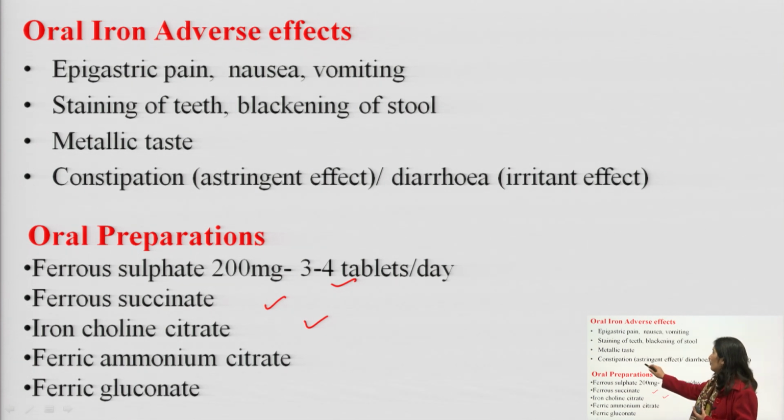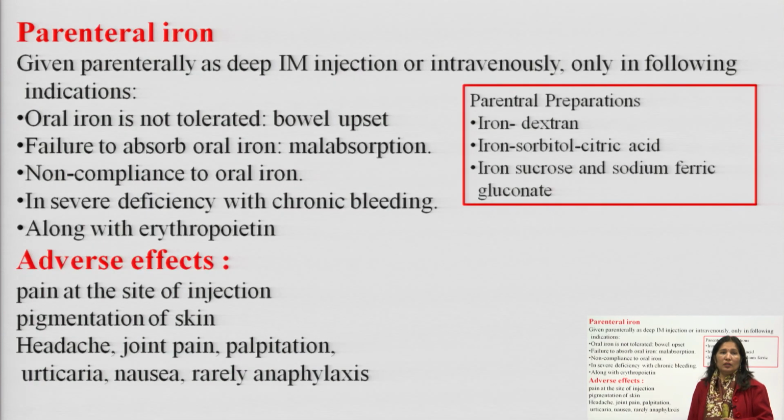Constipation occurs because of the astringent effect and diarrhea occurs because of the irritant effect. Constipation is more common with oral iron preparations, and also gastritis and epigastric pain. So, these are the most common adverse effects with oral iron, and metallic taste also.